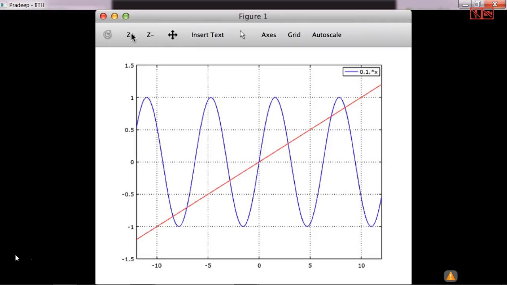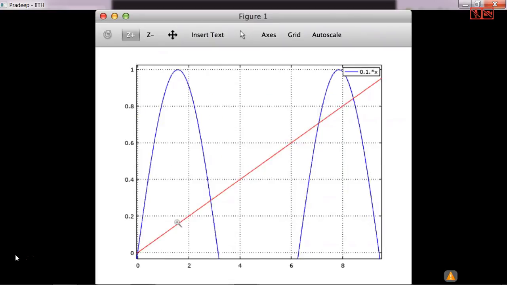So if I zoom in, I'm zooming the first part. So you notice that here there is an intersection and the value is somewhere near to or less than 3. So near to 2 or less than 3. So that is one answer. So remember that. Another answer will be somewhere near to 7.